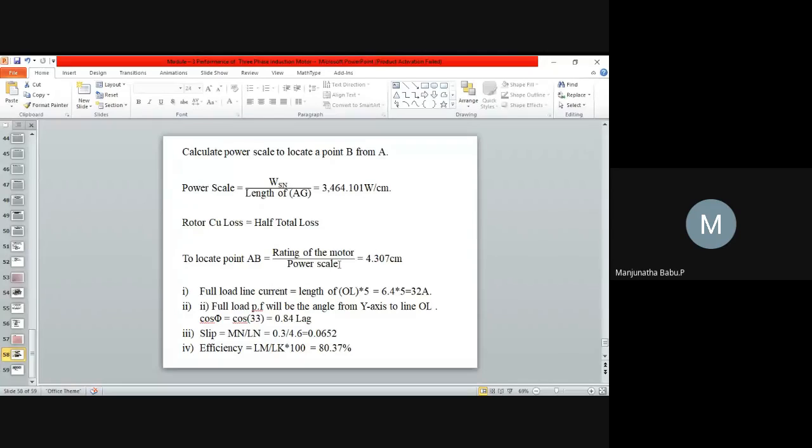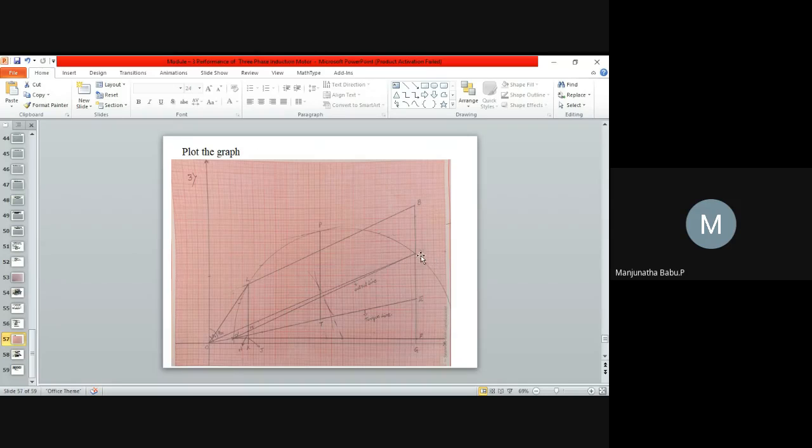Rating is given as 14.92 kilowatts, and the power scale as per the calculation is 3,464. So we'll be getting 4.307 centimeters. Now once you get this value, extend a line from A to B, it is 4.3 centimeters.